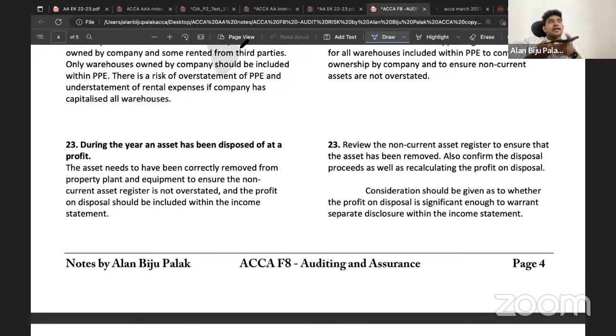The company takes this asset to a buyer, and the buyer agrees to buy it for 5,000, so the company gets a profit of 1,000, because the actual useful life of this asset was 10 years and not 5 years. So there will be a profit on disposal when the company is recognizing depreciation over a shorter period. Clear?